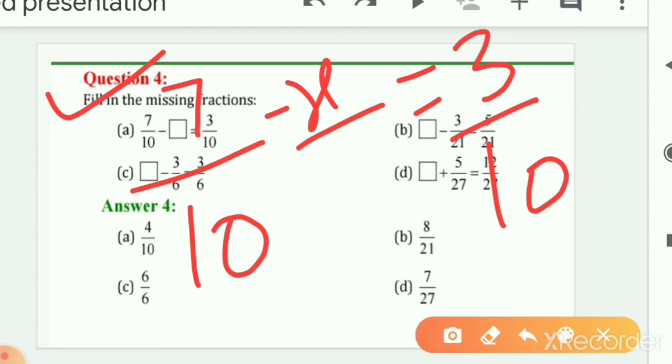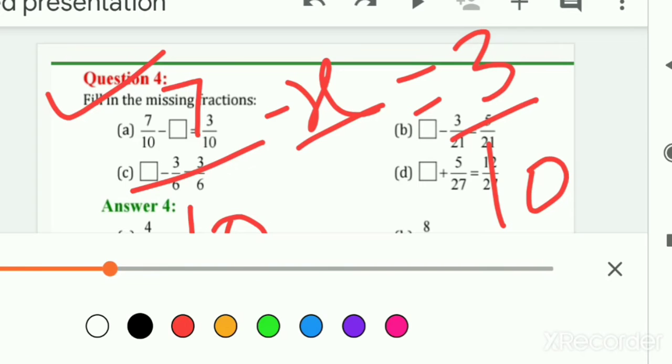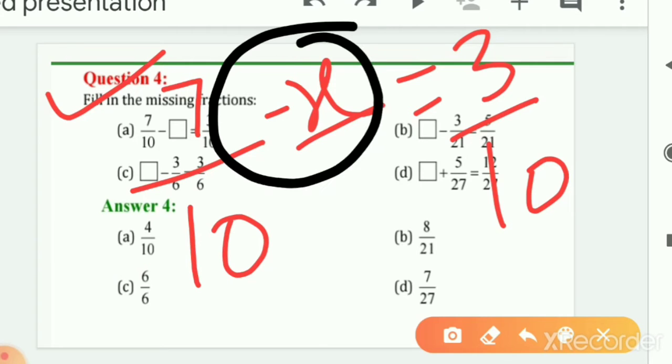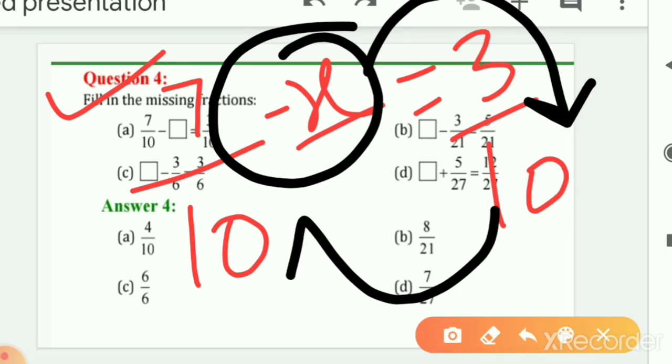We will take the blank as x. Now what will we do? We will make this x come to this side, and this 3 upon 10 will go to the other side.